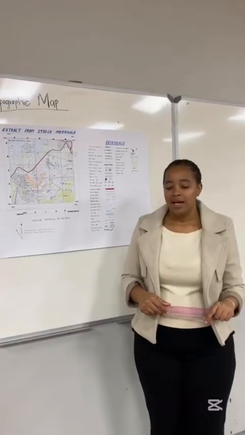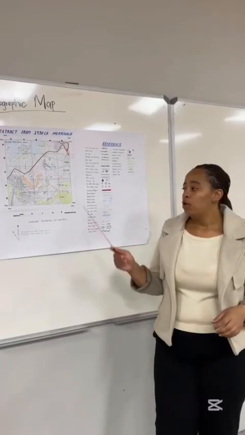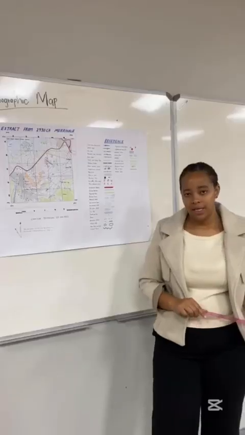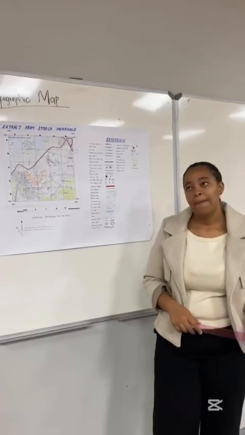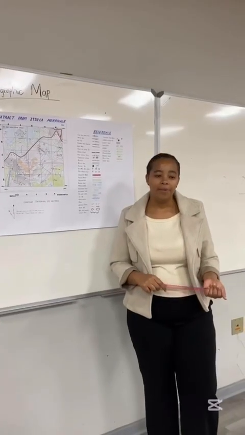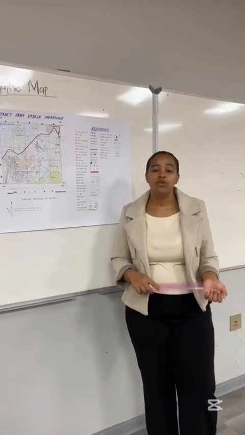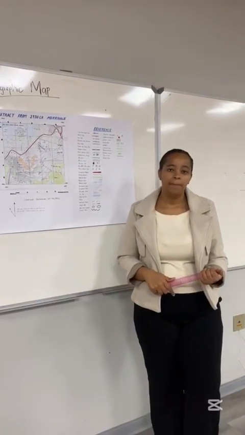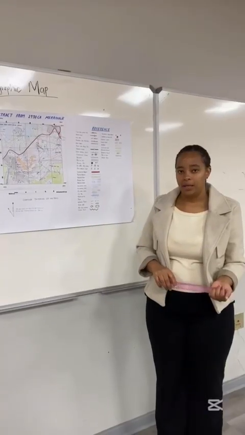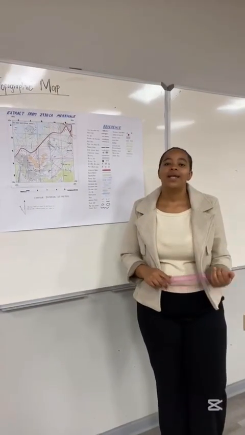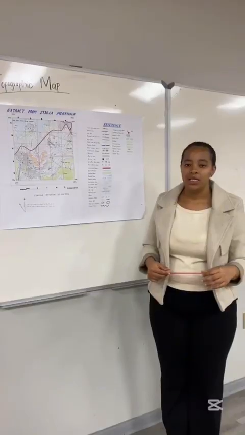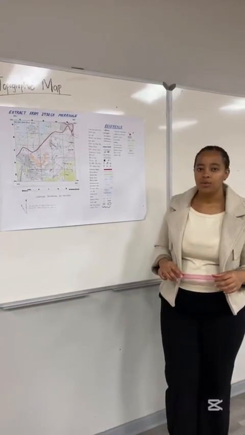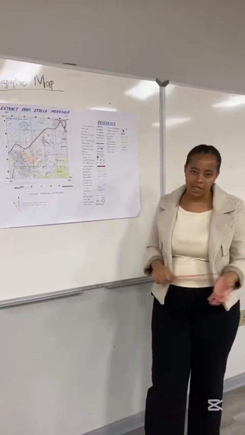That is done through contour lines and indicators of height. A topographic map is important in geography, engineering, farming and also hiking, because it allows us to see the land in full detail without being there physically.